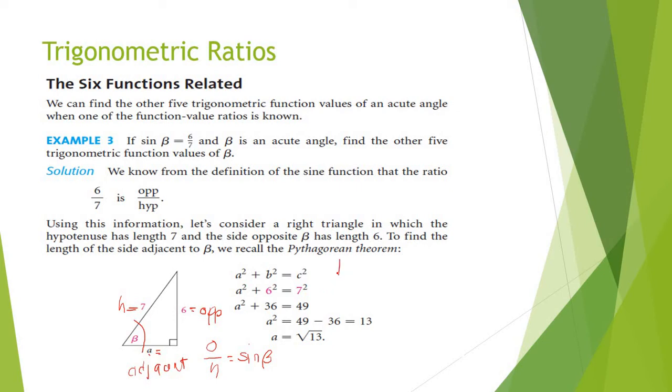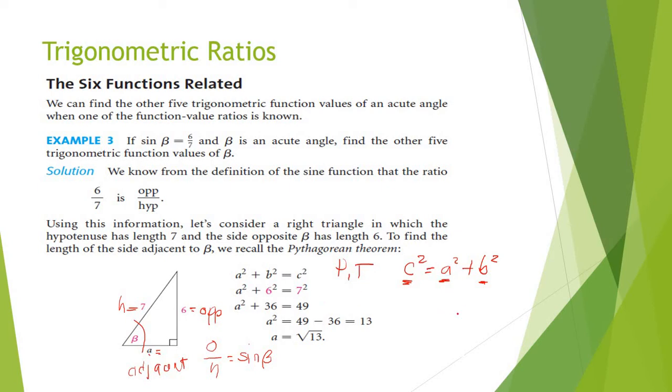By Pythagorean theorem. Pythagorean theorem states that c squared is equal to a squared plus b squared. Now c is the hypotenuse, and a or b could be the adjacent or the opposite side. Since given is the hypotenuse, b could be your adjacent, or a could be your adjacent.